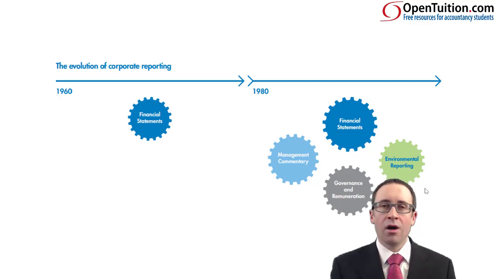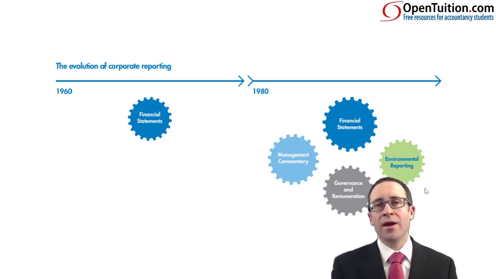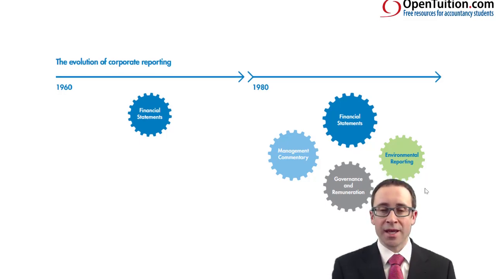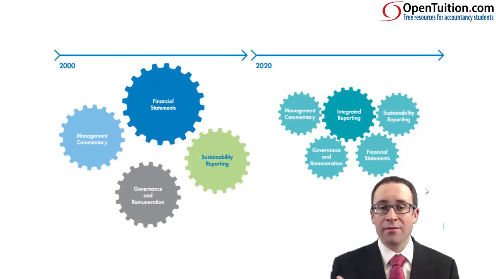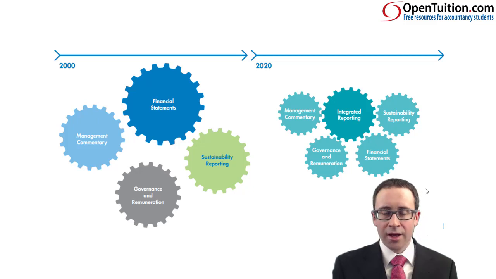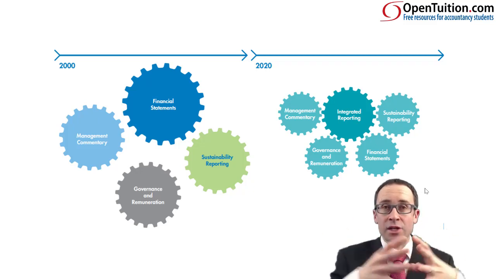So on top of that, we started introducing environmental reporting, management commentaries, and then reports to do with governance and the structure of the board and how the directors were remunerated, to see that they were getting paid appropriately for the performance put out by the business itself. As time further evolved, there was a much bigger focus upon those, wasn't there? So each of those four aspects individually grew, didn't they?